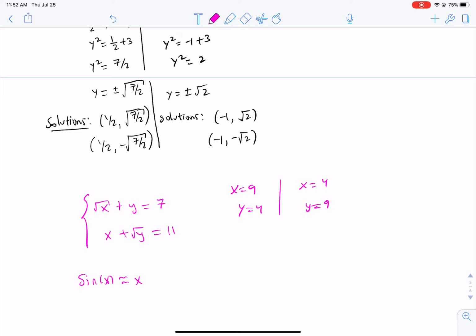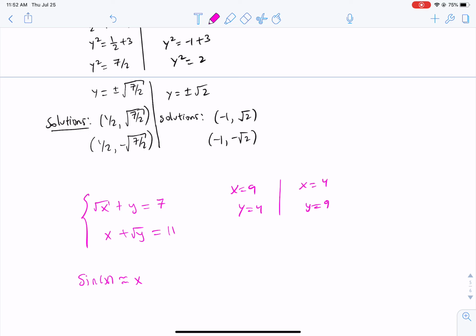X is 4 and Y is 9, doesn't work. Does it work? Because the variables, you can interchange them. The square root of 4 will be positive and negative 2, so the first one works and the second doesn't.